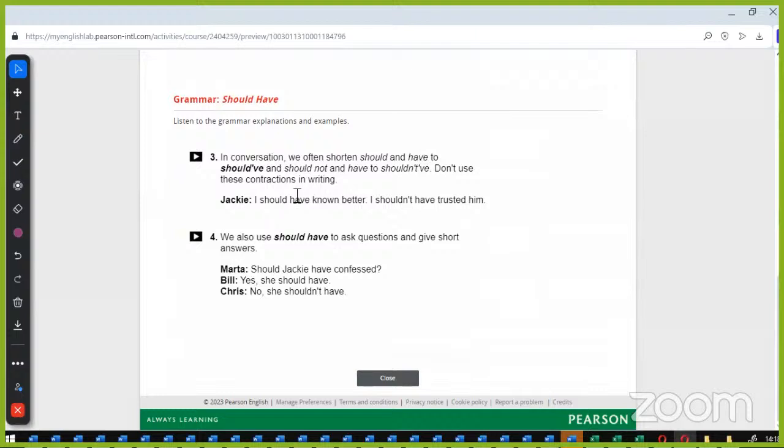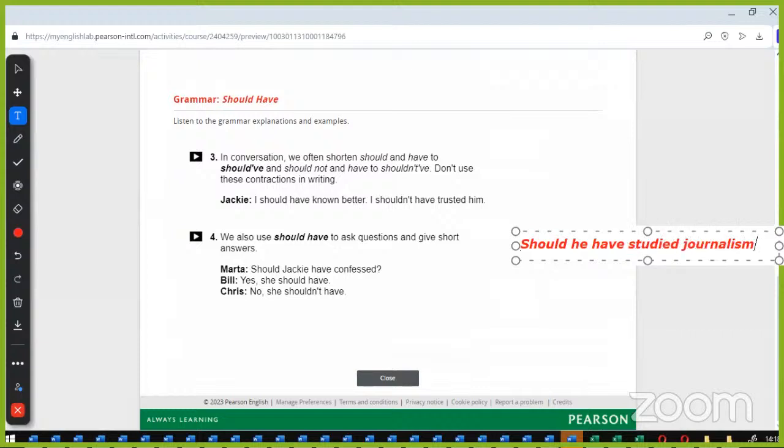And also we use should have to ask questions and give short answers. Should Jackie have confessed? Yes, she should have. Should he have studied journalism?